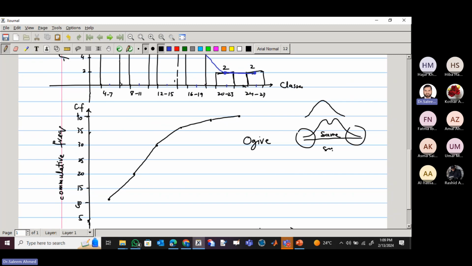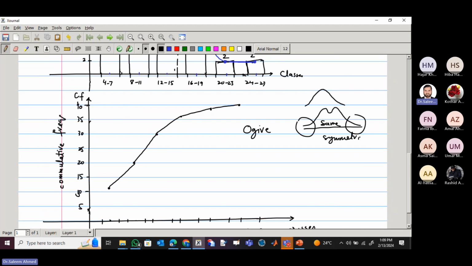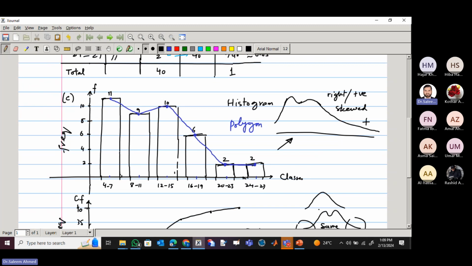Then we say it is symmetrical. Symmetrical means there is no skewness, non-skewed. But we see that our distribution looks like this one, not this one. So we have some skewness, a tail on the right. So we can say that it is a right skewed or right tailed distribution.